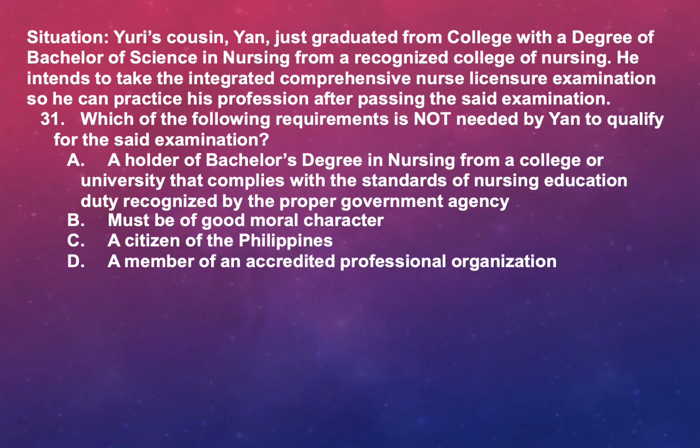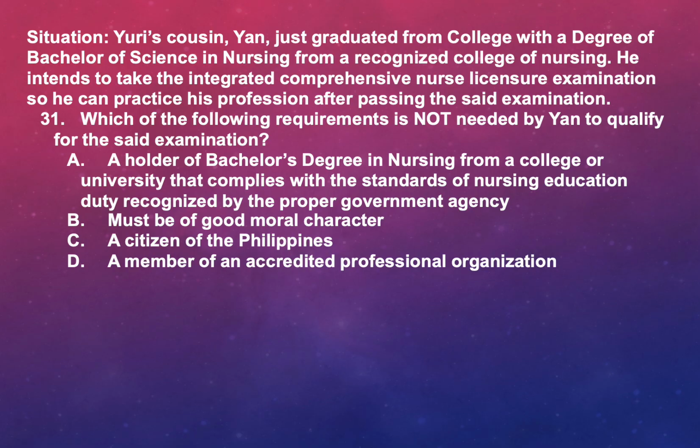31. Yuri's cousin Yan has just graduated from college with a degree of Bachelor of Science in Nursing from a recognized college of nursing. He intends to take the nurse licensure examination so he can practice his profession after passing the said exam. Which of the following is not needed by Yan to qualify for the said examination? Holder of bachelor's degree, must be of good moral character, citizen of the Philippines, member of an accredited professional organization.